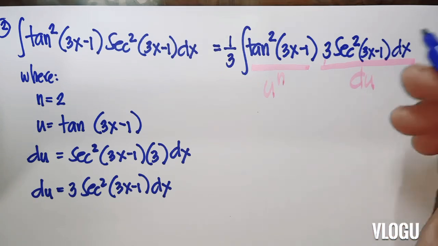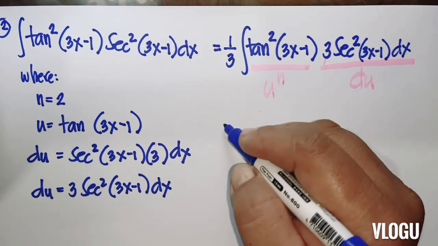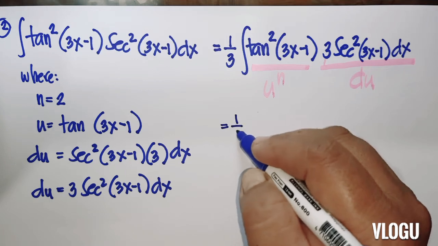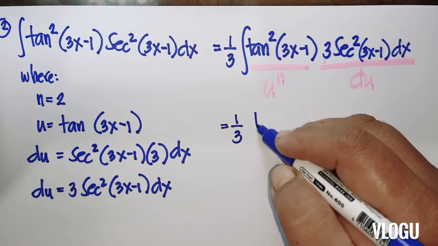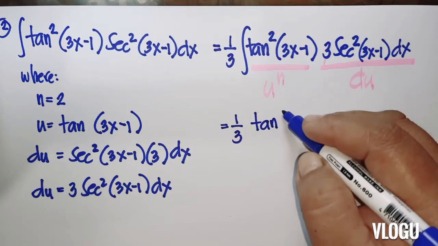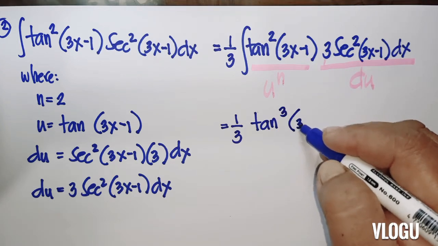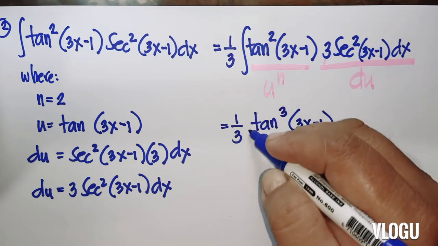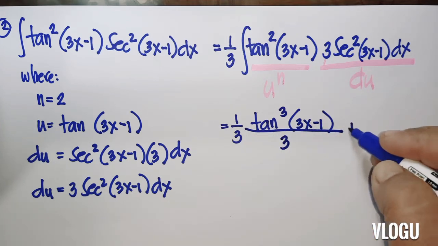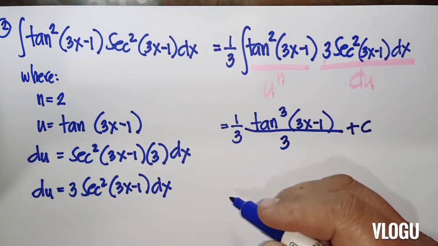When that is complete, we proceed now to the formula. So you will have 1/3 tangent, 2 plus 1, that is cubed, (3x minus 1) over 3 plus c.